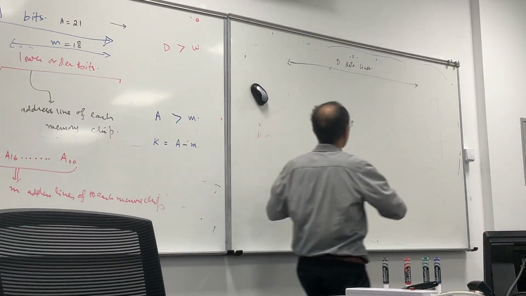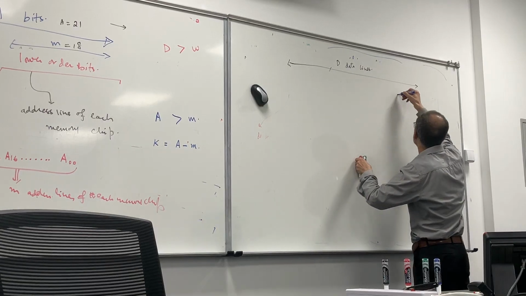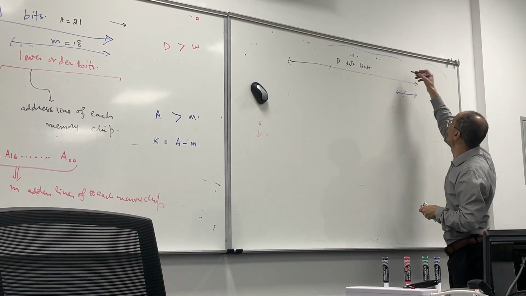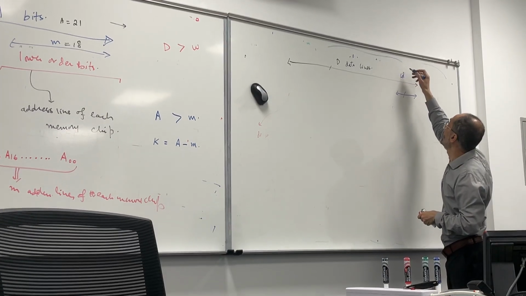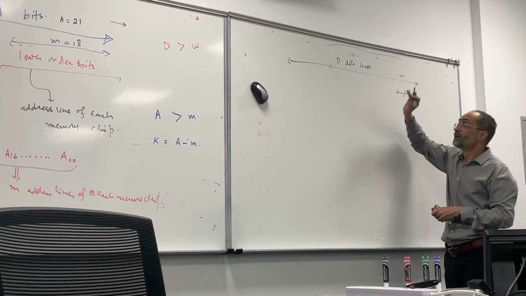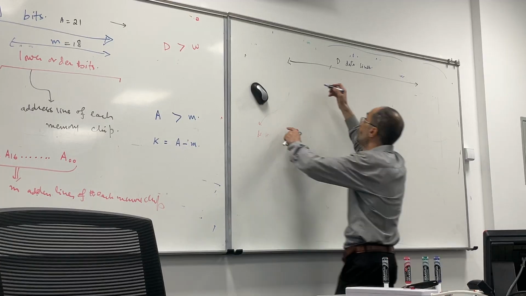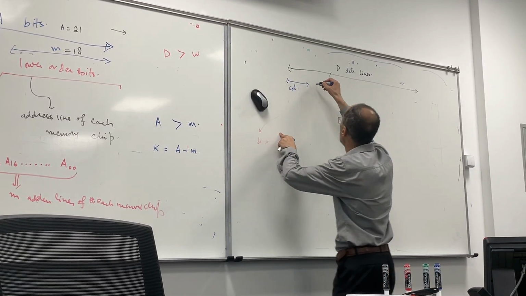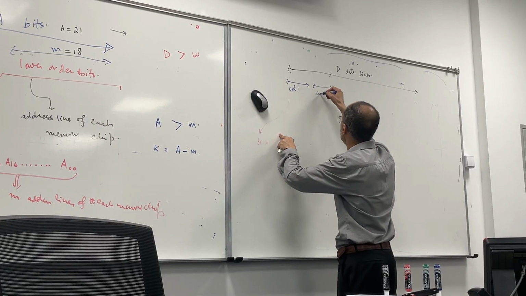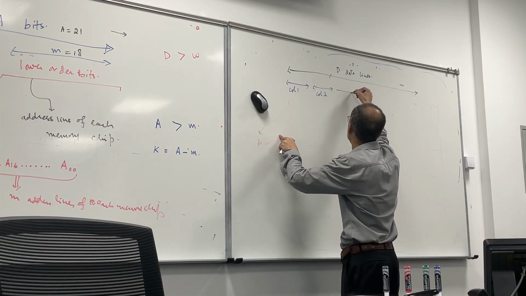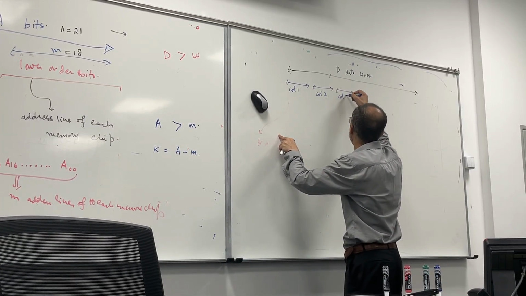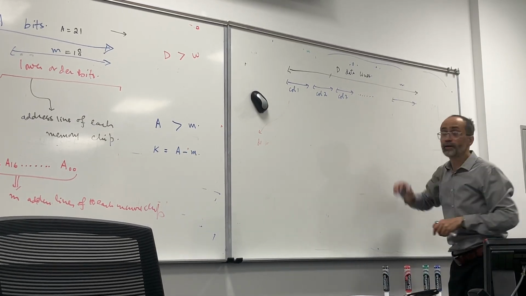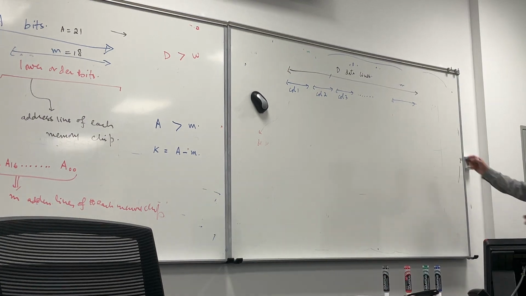So let's assume we have column 0, column 1, column 2, column 3, and how many columns are there in total? D divided by W.